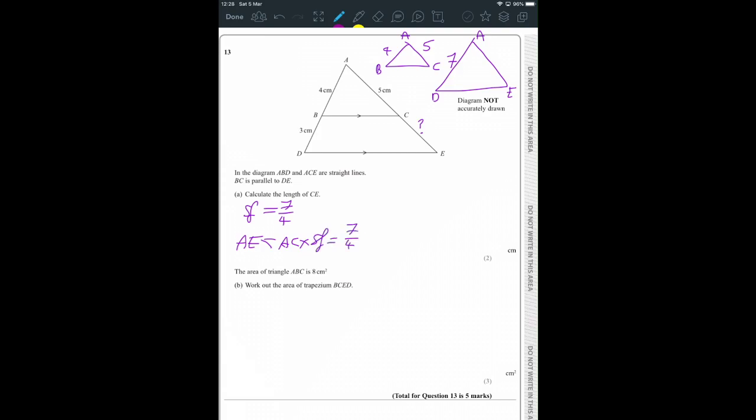So that's 7 over 4 times 5. 7 over 4 multiplied by 5 gives us 8.75. So CE, which is only the section of that line, we need to take away 5, is 3.75.